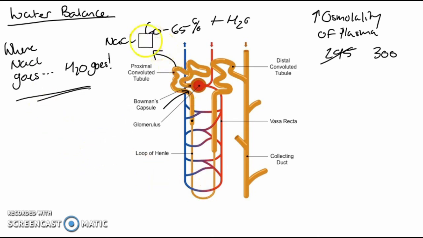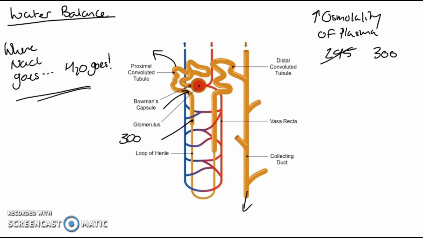Okay, let's forget about all of this bit here. I just wanted to explain to you the little bit of metabolic sleight of hand that the kidney is doing. So the filtrate here has got a 300 milliosmol osmolality. And we want, coming out of this bit here, the collecting duct, which goes down into the ureters and into the bladder, we want it to be as concentrated as we can.